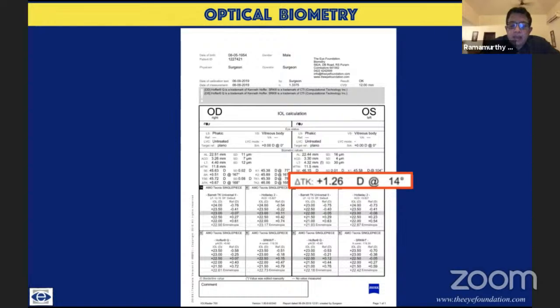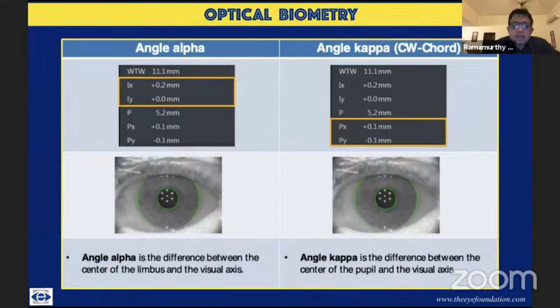Today, once the patient goes in for a cataract surgery, the first measurement that we do is a toric measurement using this formula. And when we see the TK is about 1.26 diopter, then automatically, whether the patient is opting for a monofocal or a multifocal, the conversation shifts towards a toric monofocal or a toric multifocal so as to achieve emmetropia for all distances. Again, this instrument also gives you an idea about angle alpha and angle kappa.